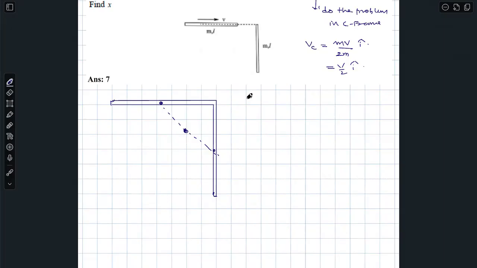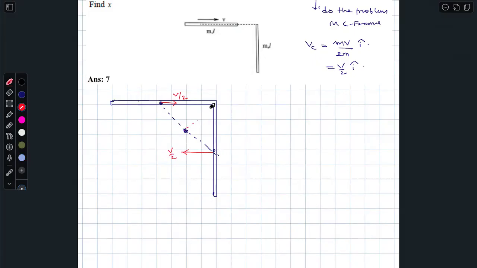Right. Now, in the reference frame of center of mass, this one is moving with V by 2 velocity in this direction, and this is going with V by 2 in this direction.